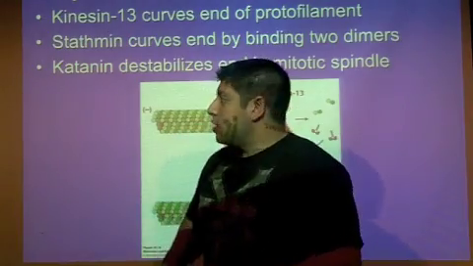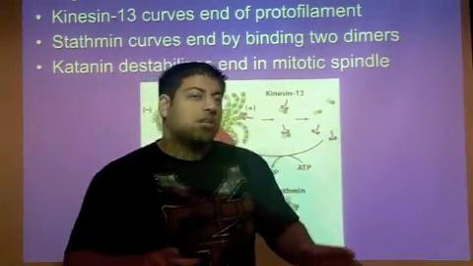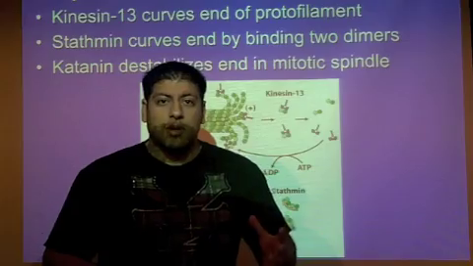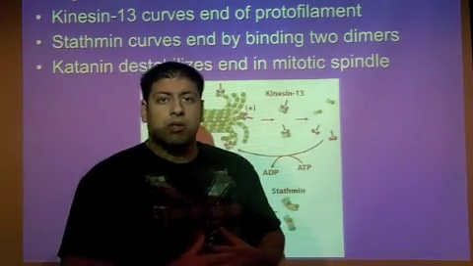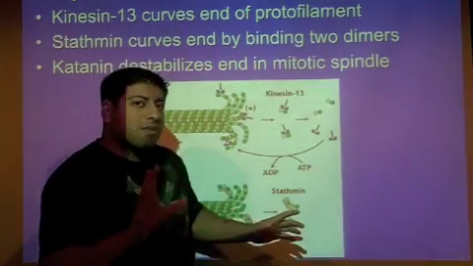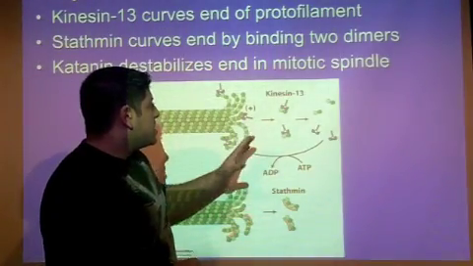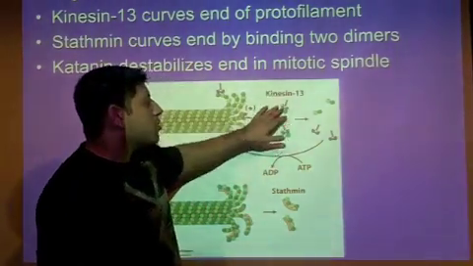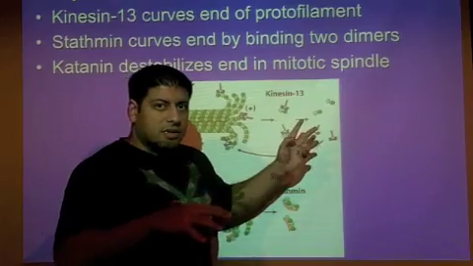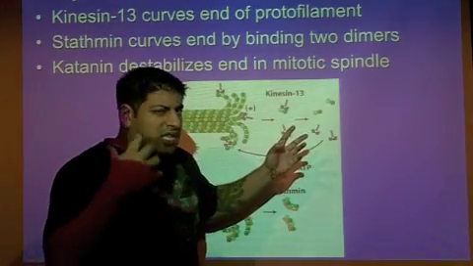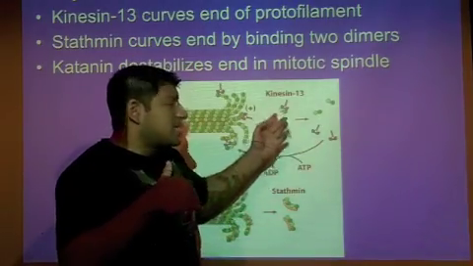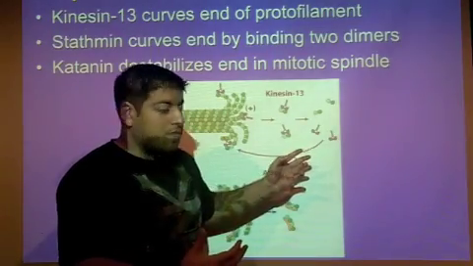Okay? So what we're going to see now in brief, and what's pictured here, is exactly how kinesin 13 and stathmin take apart the microtubule. Kinesin 13, I know this is a little difficult to see, is this tiny motor protein which has a tail and two heads. The head region, just like with myosin, has an ATP binding site and a site that binds to the microtubule.